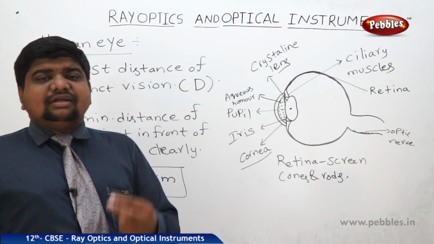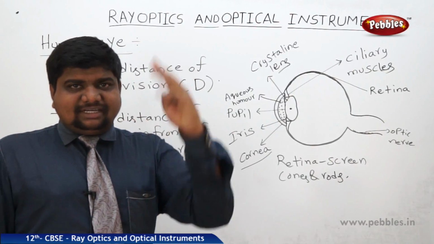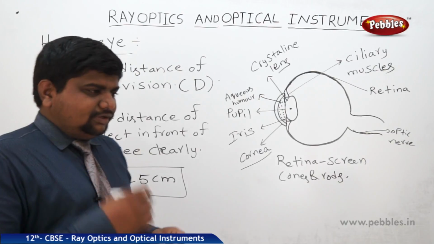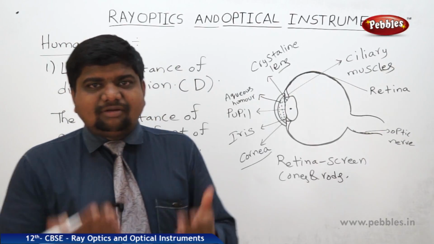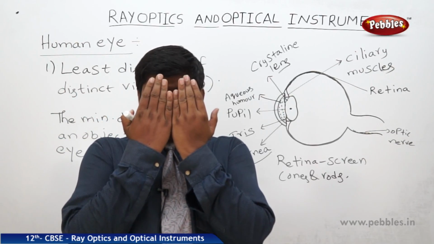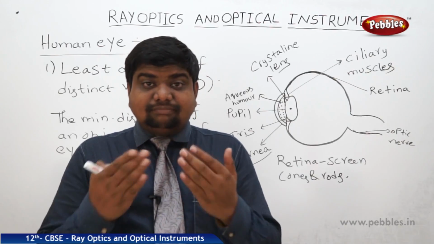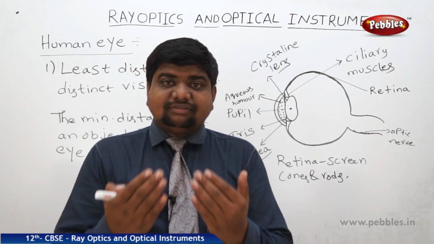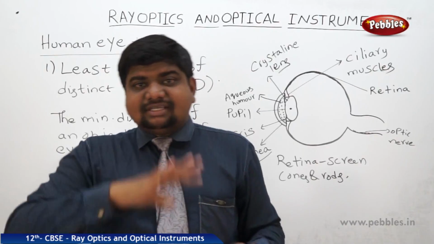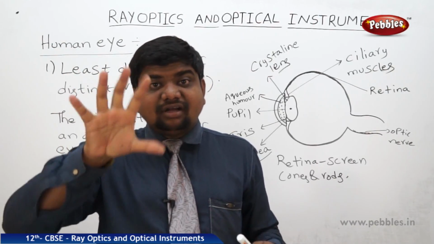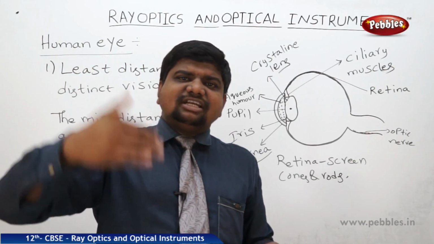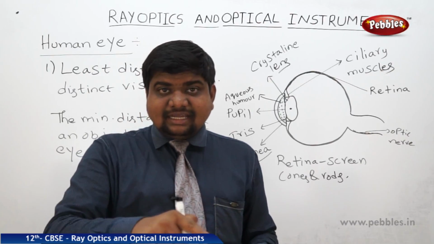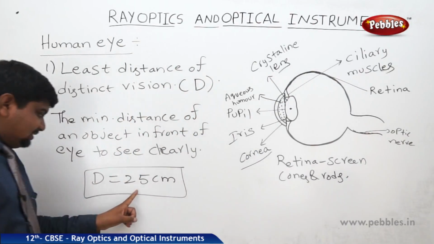There are three types of eye defects. Some persons are able to see objects only when the object is placed very near to the eye. Some persons are able to see only objects that are very far. Some may not be able to identify curved objects. These are all said to be eye defects, and they are classified based on this distance.